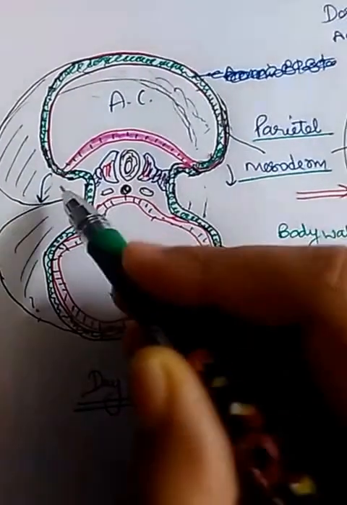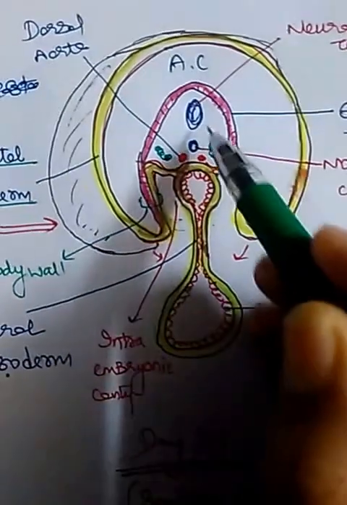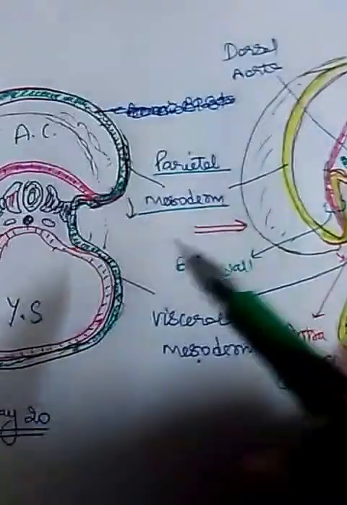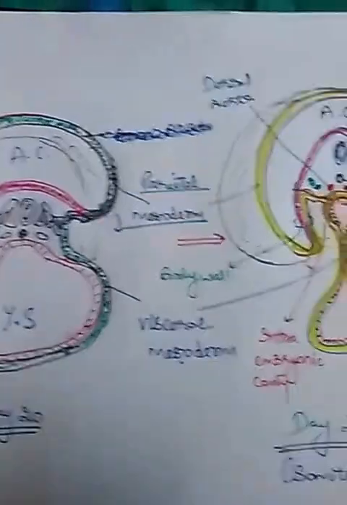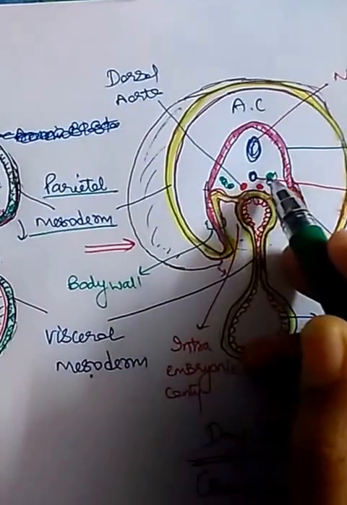I had told you that it keeps on folding like this, so it has folded more and more. Again, this is surface ectoderm, and it is coming down, just like a balloon, and it is folding like this. This is notochord.